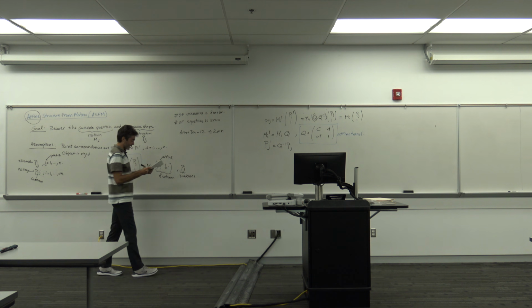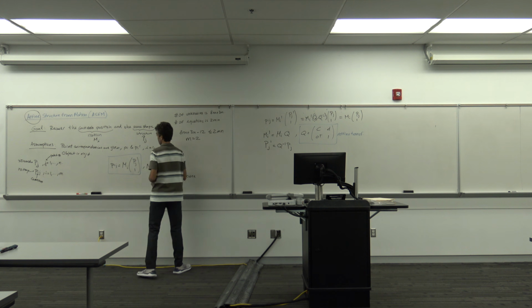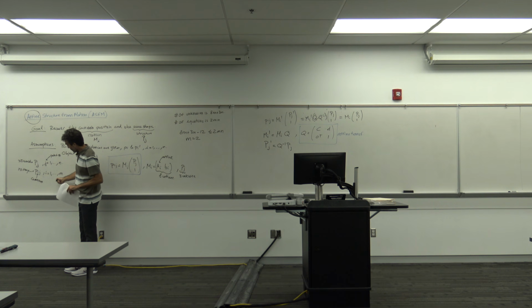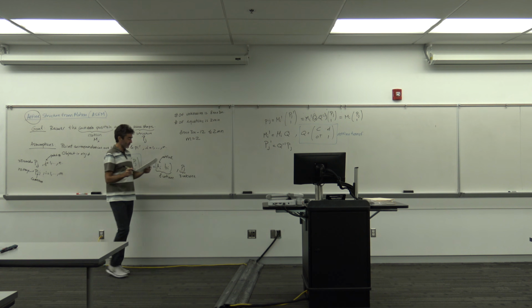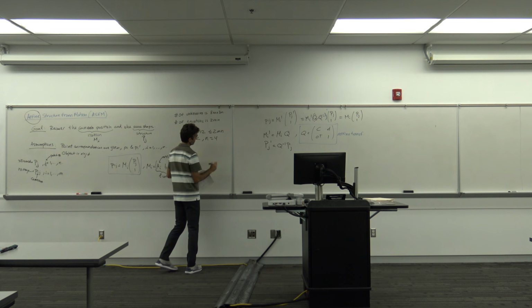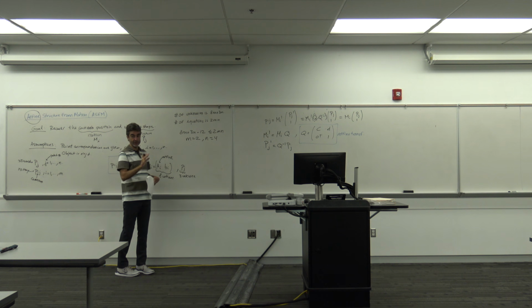Let's see. How about if I have m equals 2? M was the number of cameras. Okay? And n, the number of points, let's say I have point correspondences, I should say, to be precise. I have 4. So just 4 point correspondences, just 2 images.